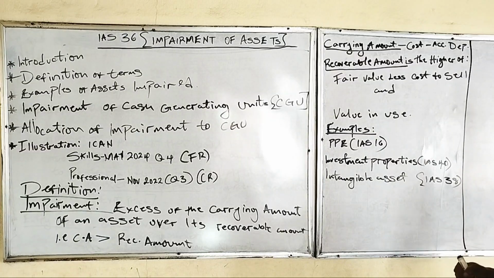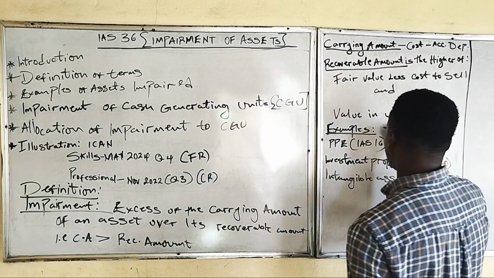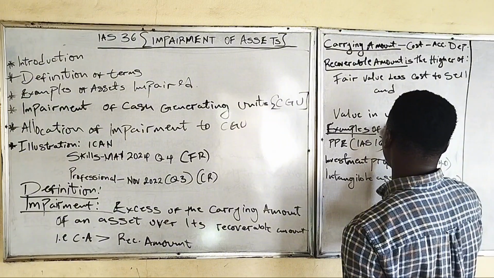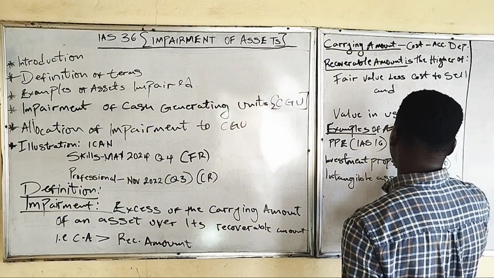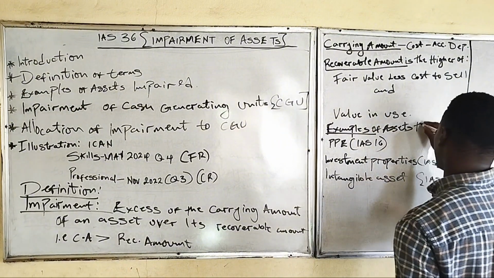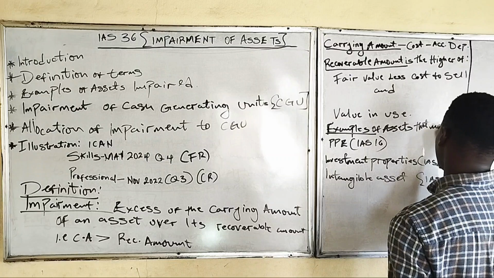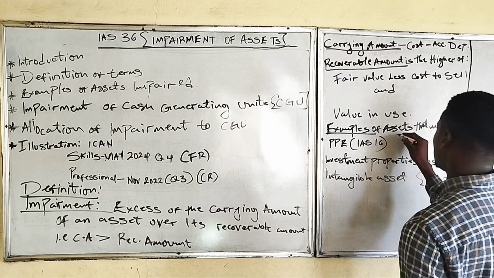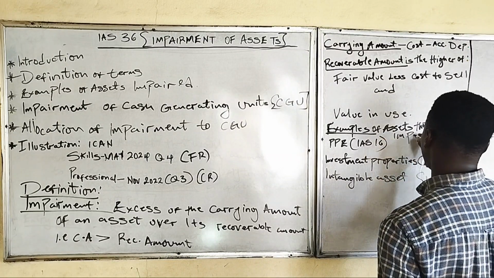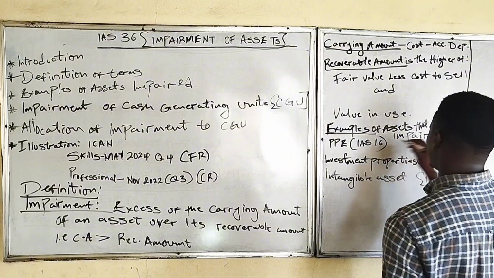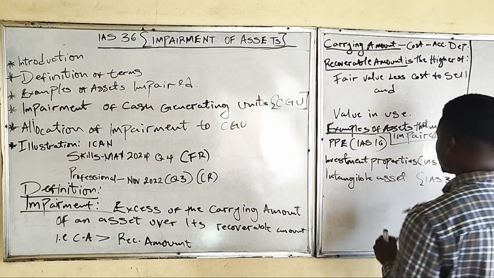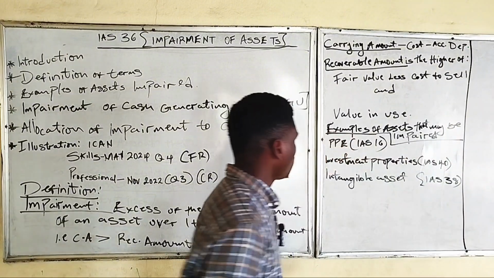subjected to impairment. And the other way around also, examples of assets that may be impaired. That's for that.